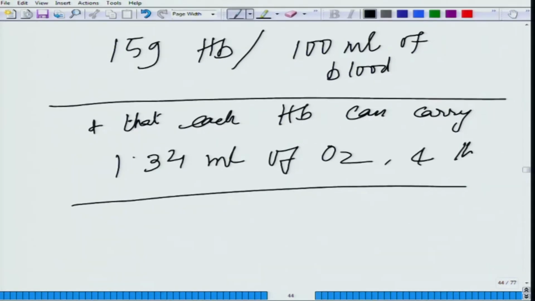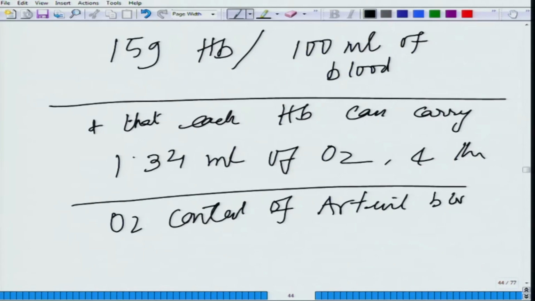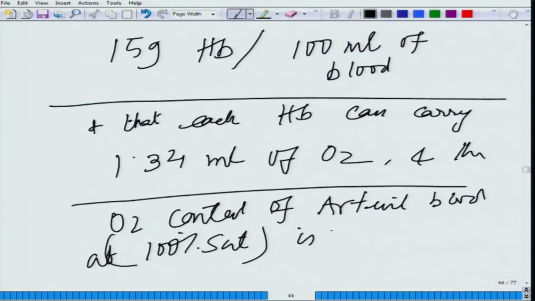The oxygen content of arterial blood at 100% saturation is 20 ml oxygen per 100 ml of blood.